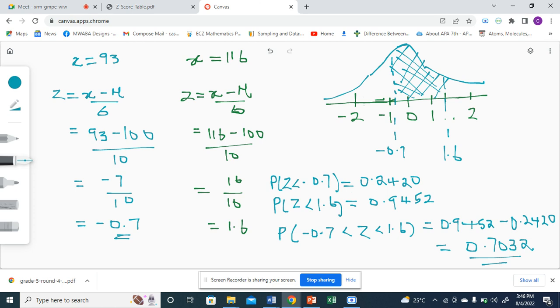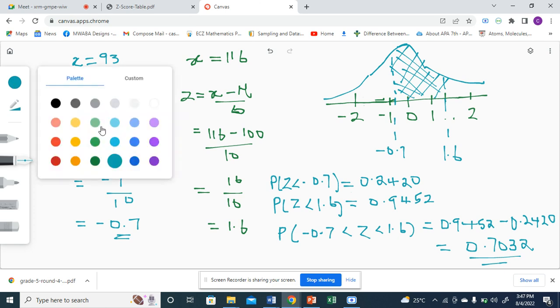Whenever we have a number which is in between, you're going to get each of the z-scores, tabulate their probabilities, and then you subtract. So the answer is this one.